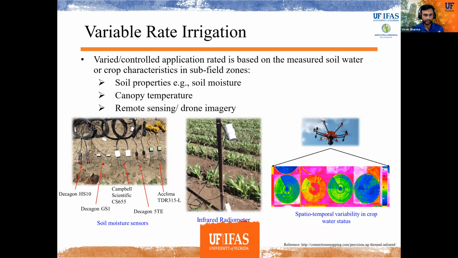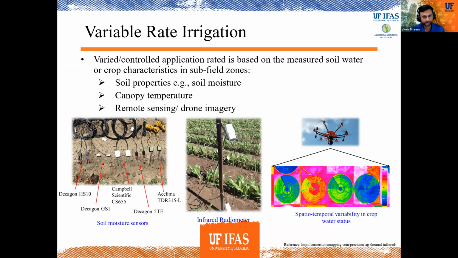As I said, we need to sense certain properties of a crop or the soil to make the informed decision or to make the management zones. And there are various tools that are available in the market. For example, soil moisture sensors. There are tons of soil moisture sensors now available in the market, which can measure the soil moisture or volumetric water content of the soil at different depths, which can be used to make the management zones.